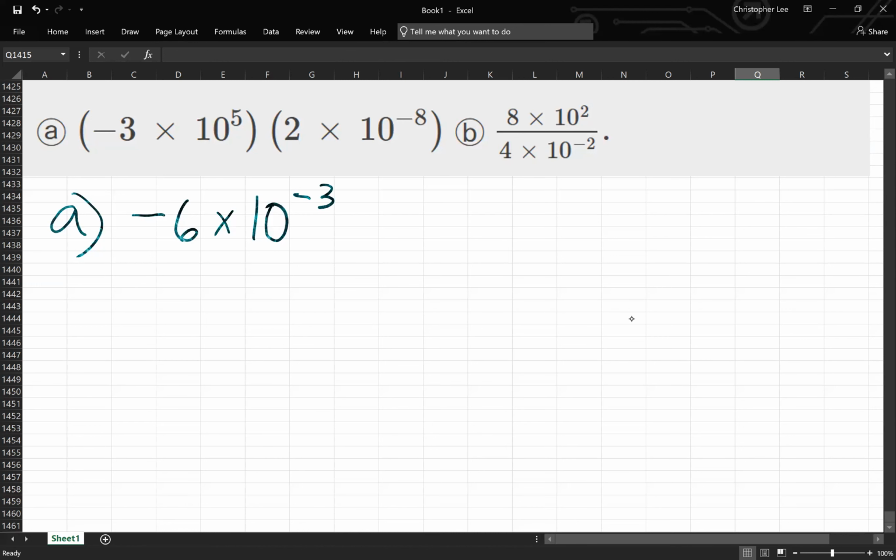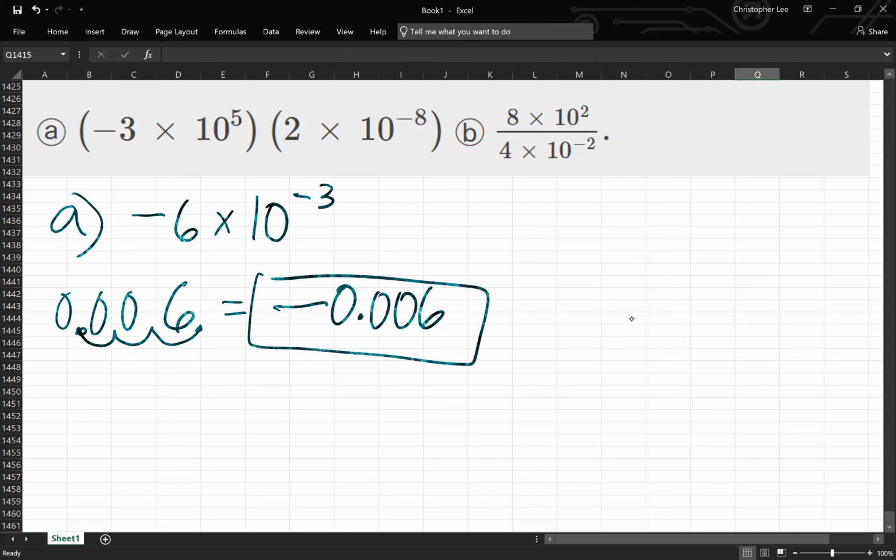Very good. So now, remember, they don't want this answer. They want it in decimal form. Good. Moves over 1, 2, 3. So final answer is -0.006. There we go.